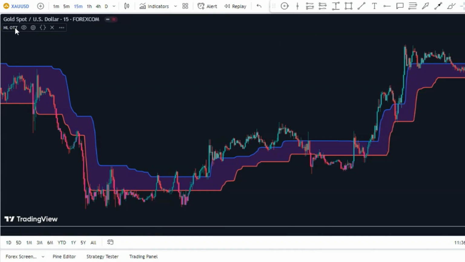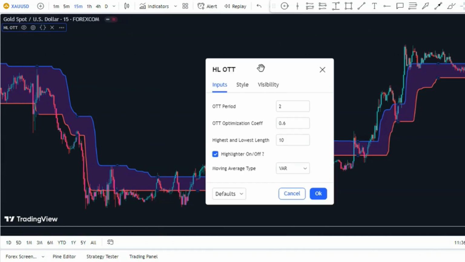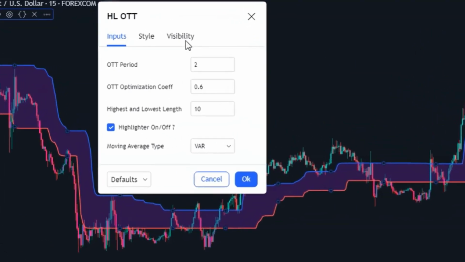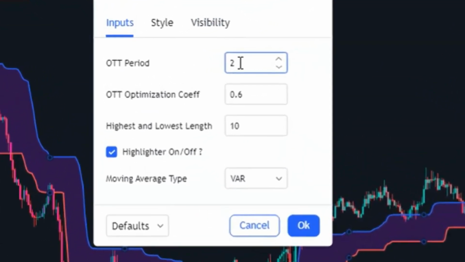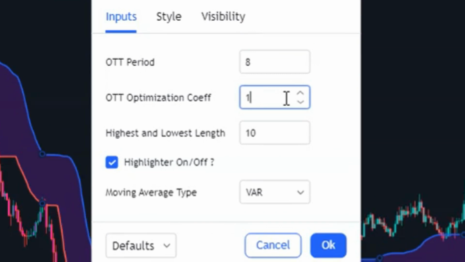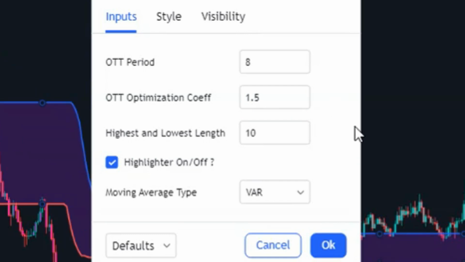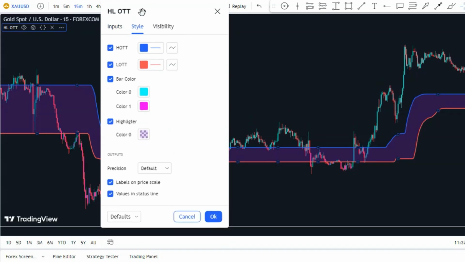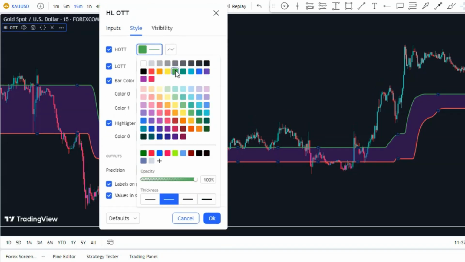To adjust it, you must go to its settings section and then in the input section change the OTT period to 8 and then change the OTT optimization to 1.5. Then you can apply your own settings in the style section.